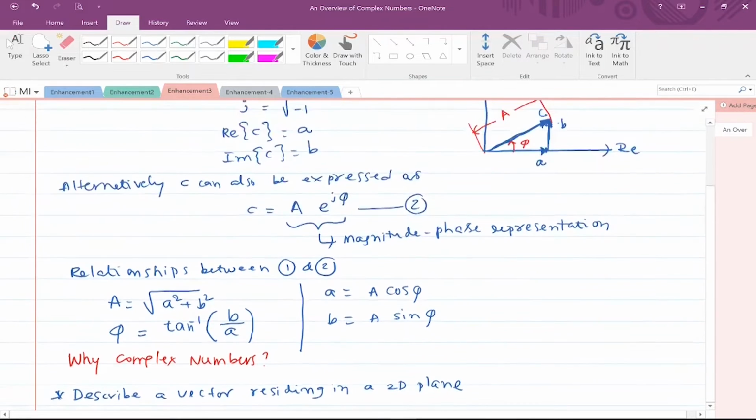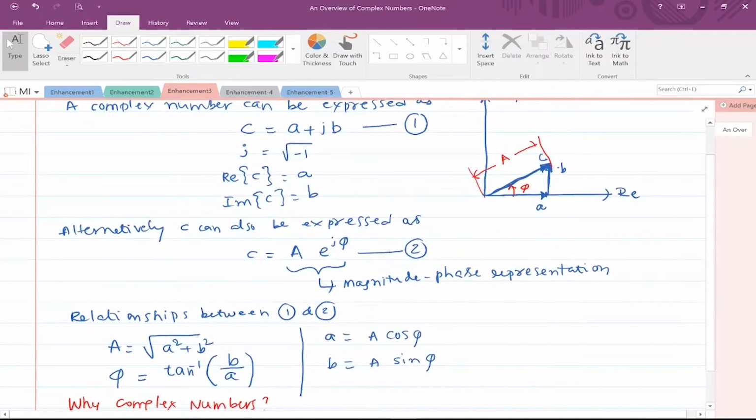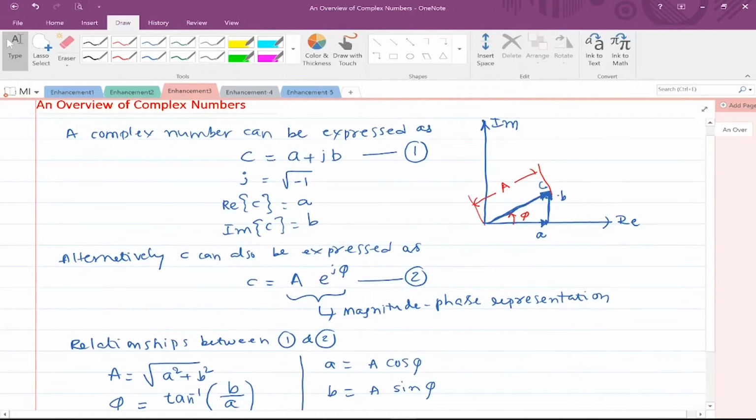The same thing here: assume that you have a quantity which has, let's say, a and b, that's the vector. Now you could represent it as just a complex number. The multiplications, additions and other operations, and also of course there are many other reasons as well, become very convenient the moment you are representing them as a complex number. For example, you were using the same in your electrical circuit course to represent the current.